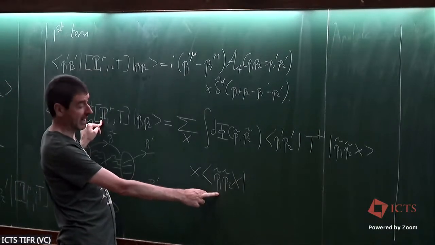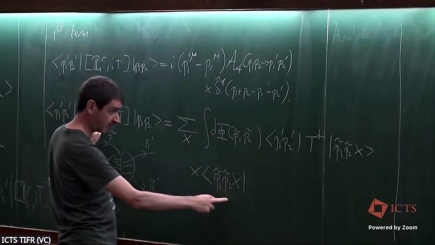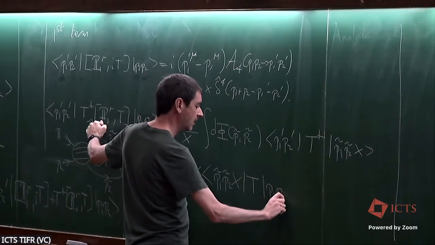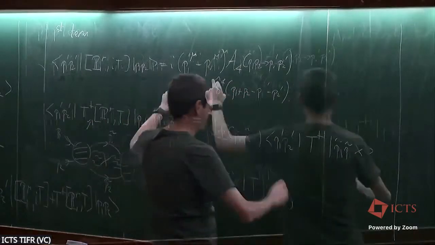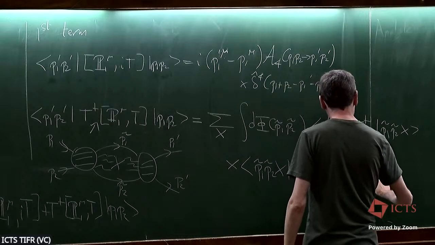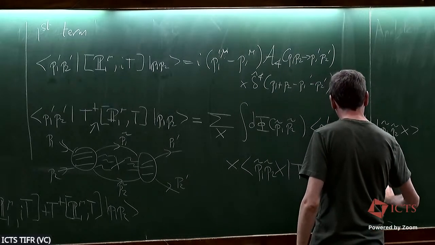In one term, it acts on the p twiddle 1. So I can pull that out as I did here. So there will be a factor p twiddle 1 minus mu minus P1 mu.